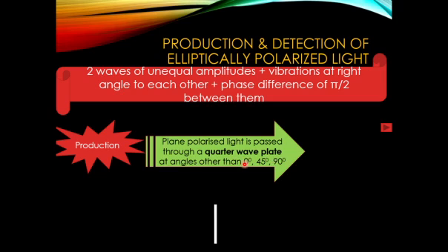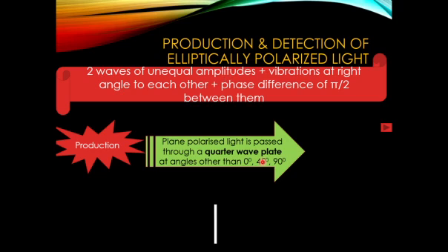So what happens if it is incident at 0 degree? The vibration will be along only one direction, so we won't be getting the two right-angled vibrating vectors.